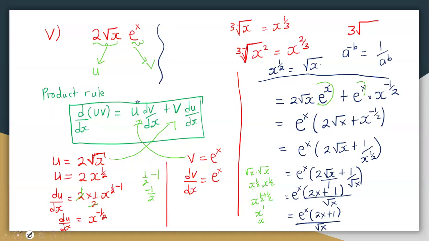Okay, let me hope we have understood very well what to do when it comes to differentiating exponential functions. In case you have any question, feel free to ask.